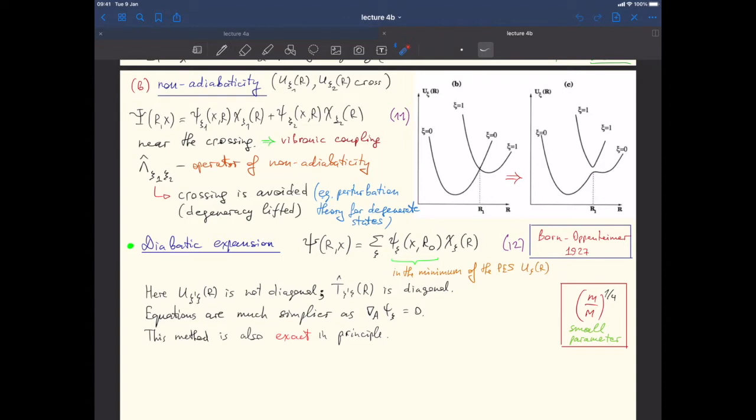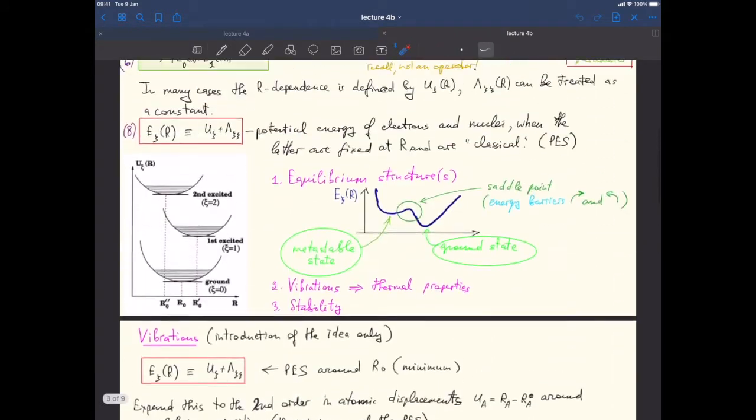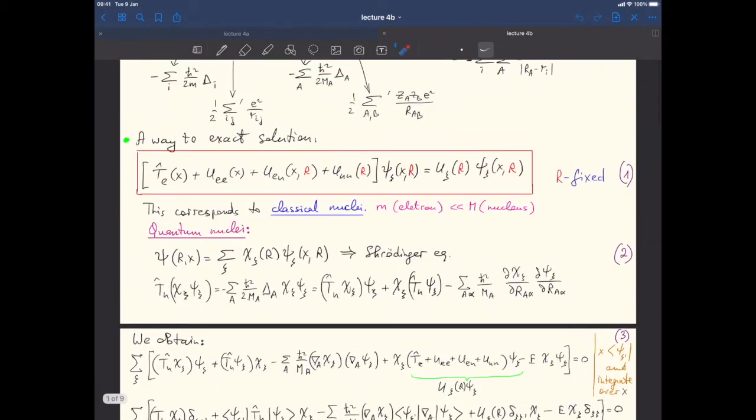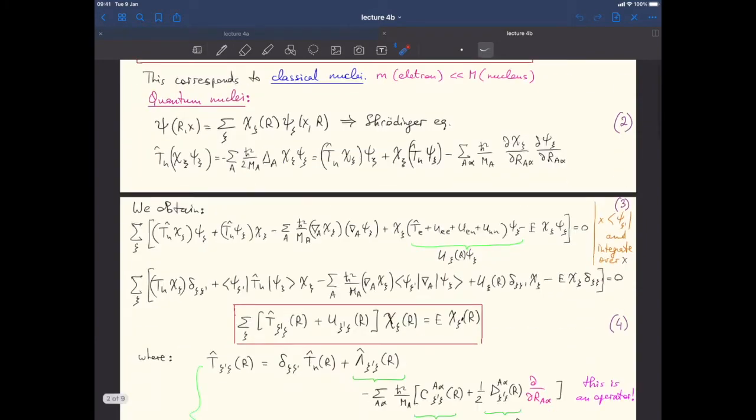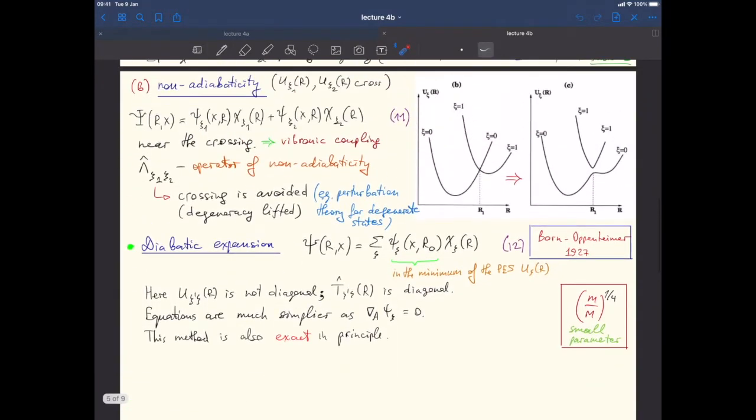If in the adiabatic approximation we only had to consider a single term in the expansion of the total wave function, this time we need to consider two terms. That corresponds to taking, in our original expansion of the total Schrödinger equation wave function, only two terms, for zeta equal to the ground state and the first excited state, which are closest to each other.